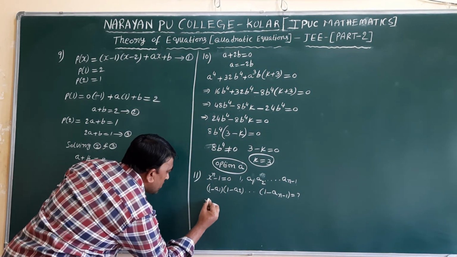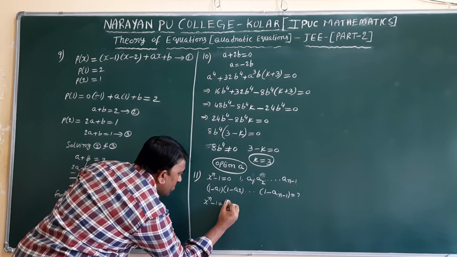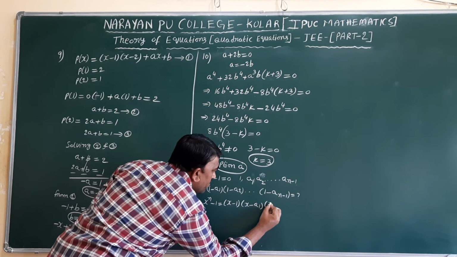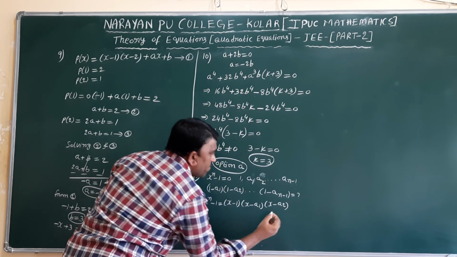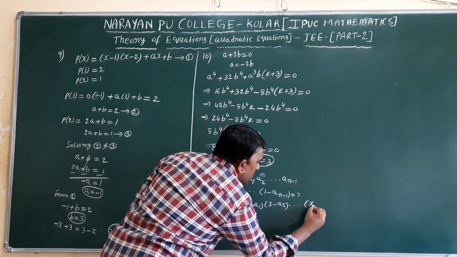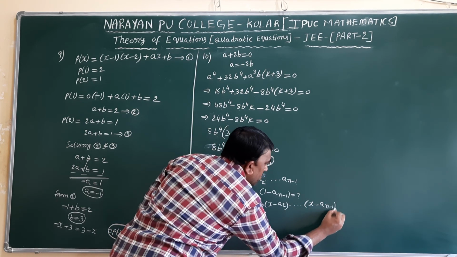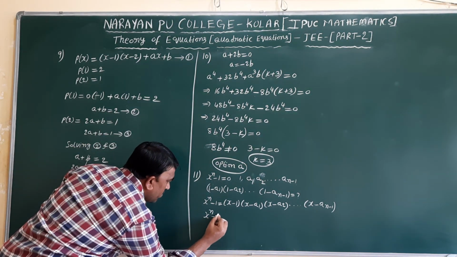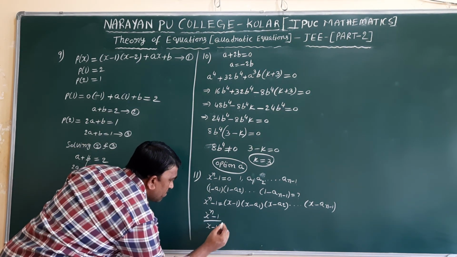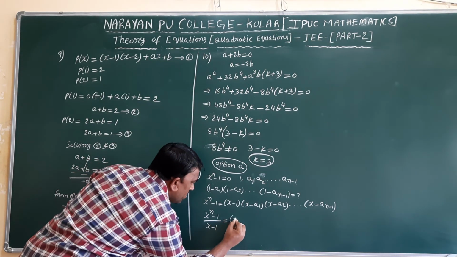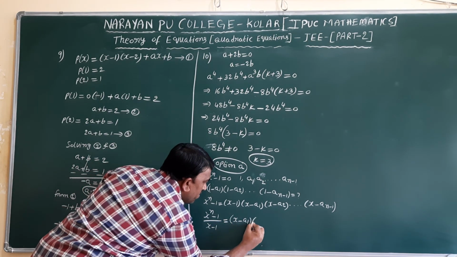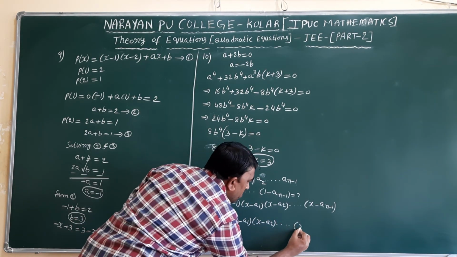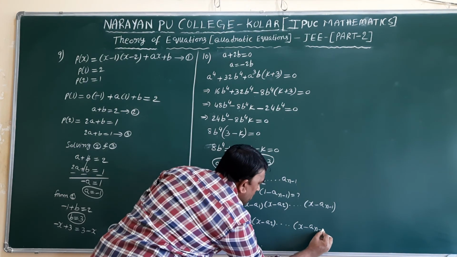So x power n minus 1 equal to x minus 1, x minus a1, x minus a2 and so on, x minus a n minus 1. So x minus 1 moves to the left side: x power n minus 1 by x minus 1 equal to x minus a1, x minus a2 and so on, x minus a n minus 1.